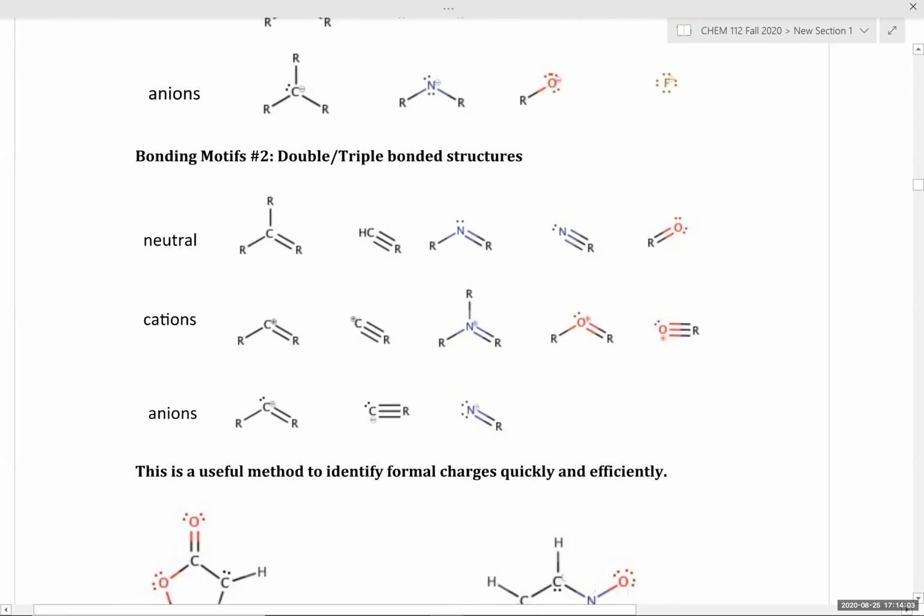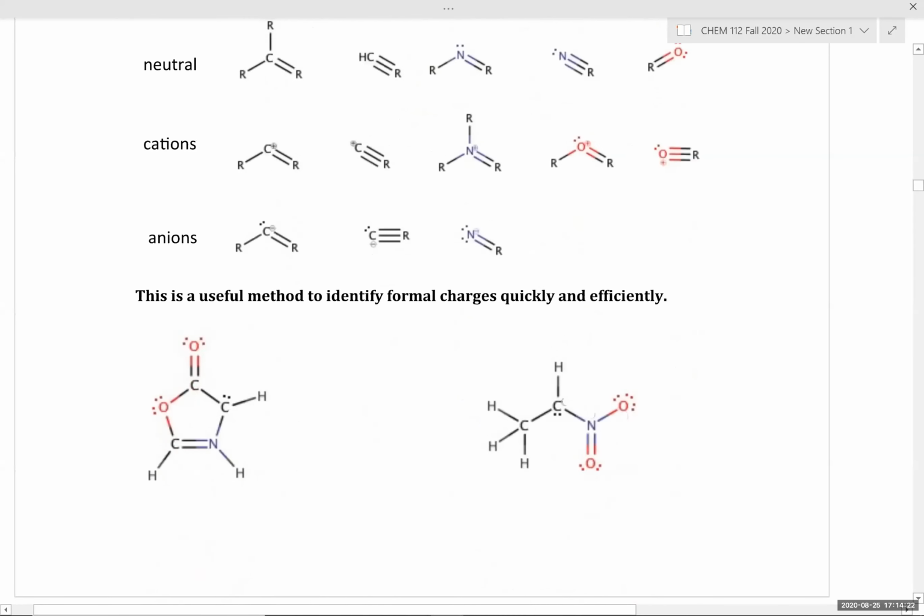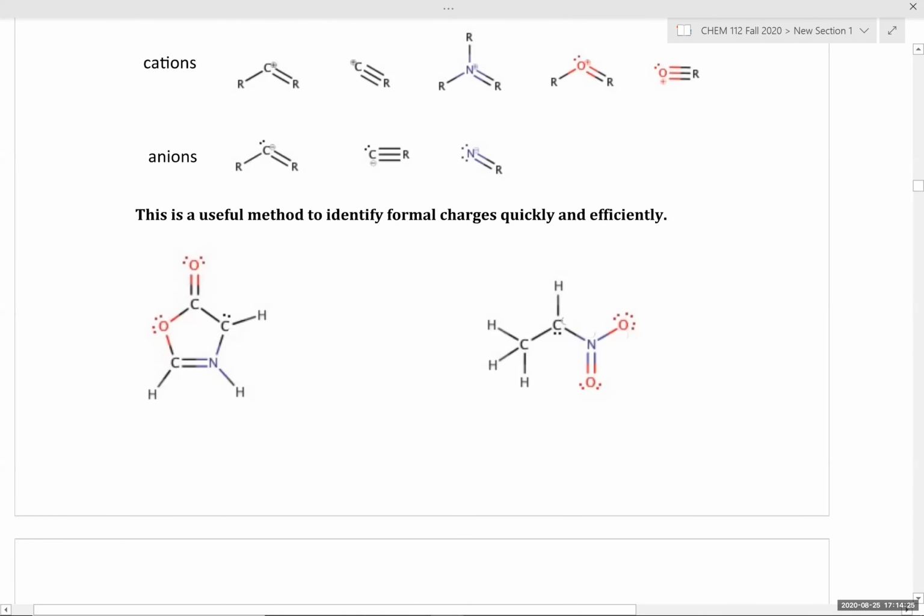Many of these bonding motifs are related to what are known as functional groups, which we'll use later on in this course as a method to even more efficiently draw out Lewis structures. So, what is the benefit of this bonding motif model? It's a very useful method for identifying formal charges quickly and efficiently.